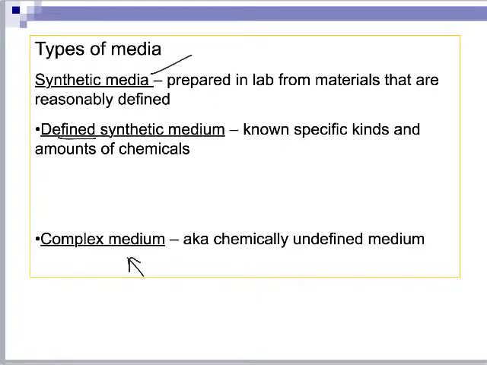Those are things like sheep's blood. We don't know what's actually in the blood of the sheep, but we know the bacteria like to grow on it. Potato dextrose agar is another example. You take potatoes and sugar, kind of make mashed potatoes, and add agar to it.